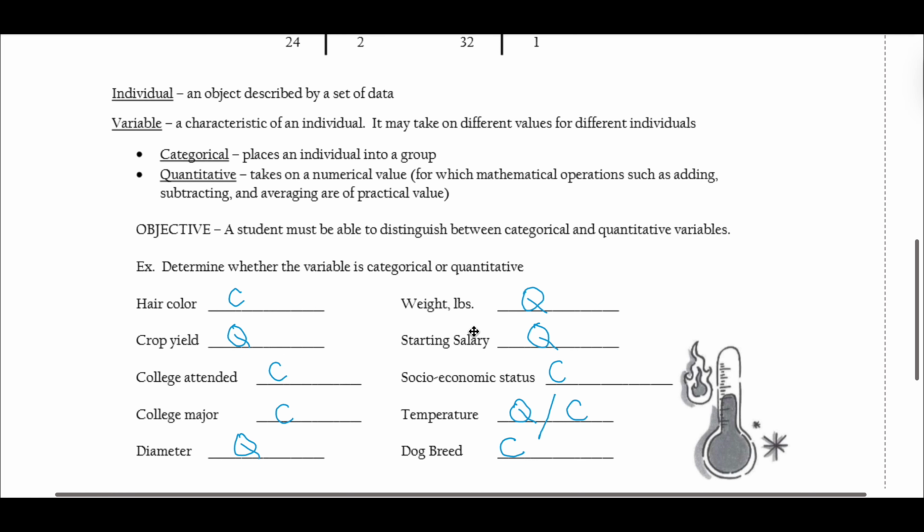And the starting salary is also quantitative because it's an amount of money. And the socioeconomic status is categorical. Because you see the term status, we usually don't use numbers to describe a status for something. So 99% of the time it will be categorical, no doubt about it.